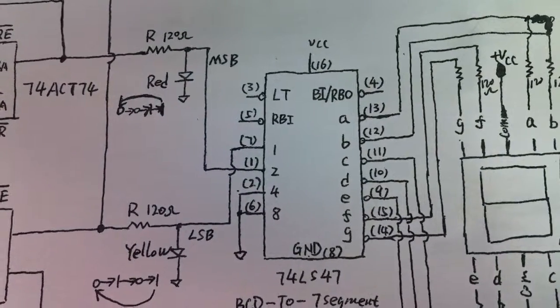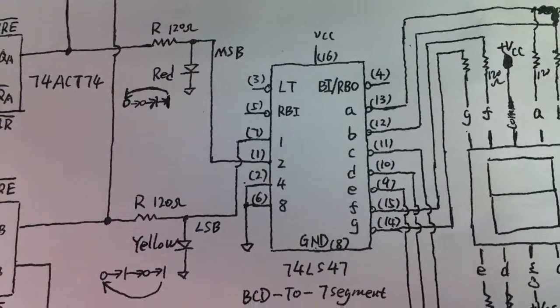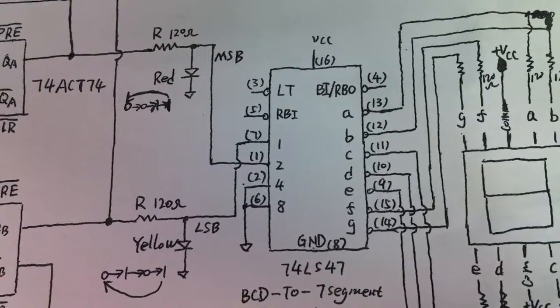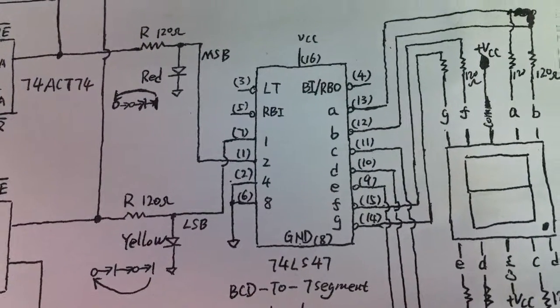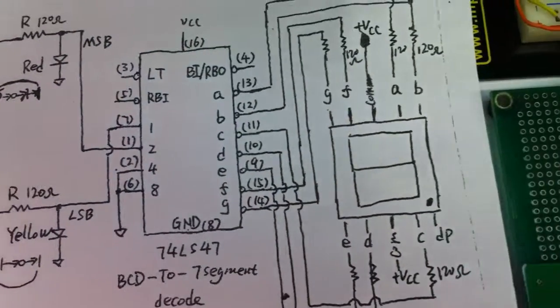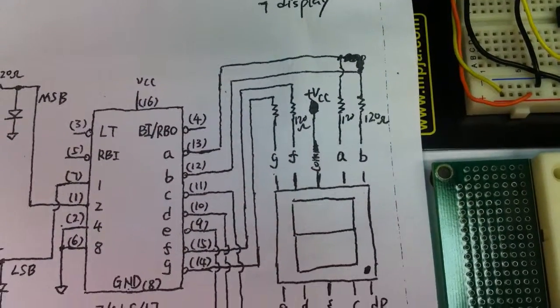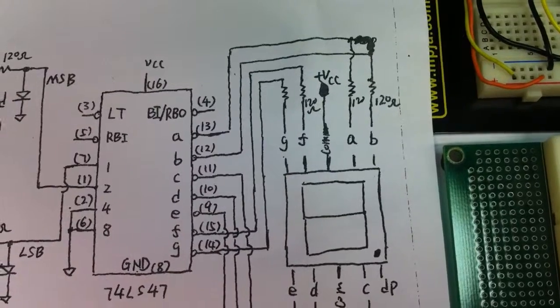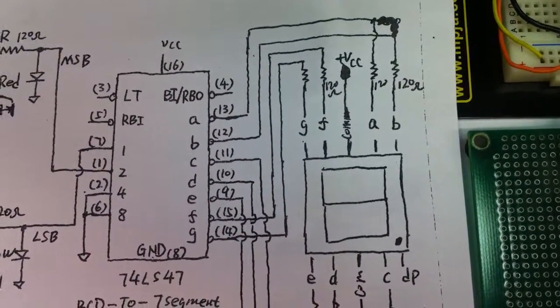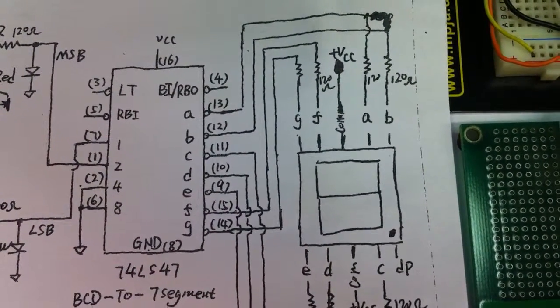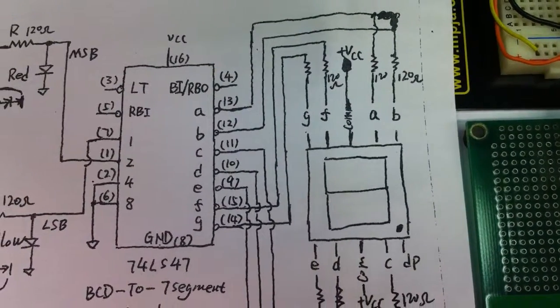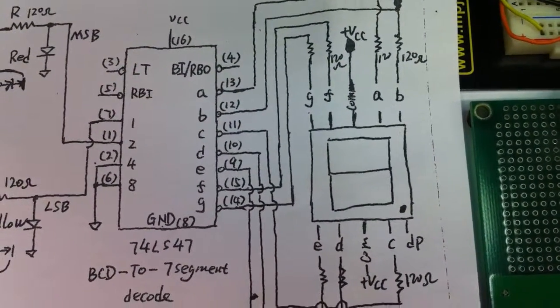The outputs A, B, C, D, E, F, G are all active low. Those pins connect to the corresponding pins of the common anode 7-segment display through 120 ohm resistors. The middle pins of the 7-segment display are connected to VCC, which means 5 volts.